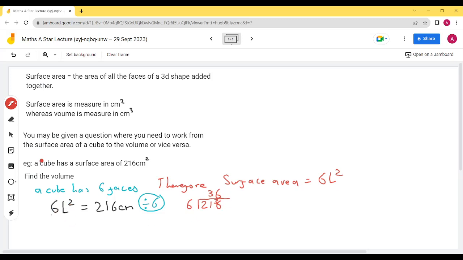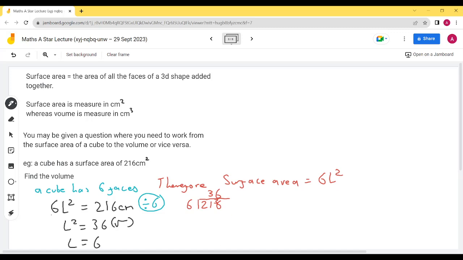So what that tells us is L squared equals 36. And then we can square root that to find our length, which means our length equals 6. Remember, to square root is just the opposite of squaring. So 6 squared is 36, which means the square root of 36 is 6.